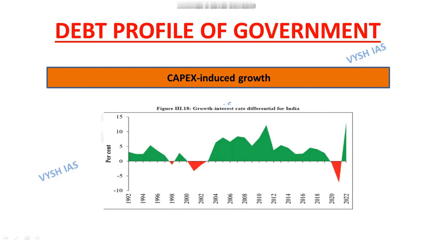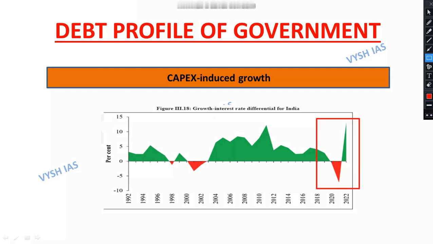So here we can see that the growth-interest differential is basically negative in 2021 and it becomes positive once again in 2022. So here you can see that from 2020 to the start of 2022, it is in the bottom part, which means red color. So it is in the negative zone, and once 2022 started, it is in the green part, which means that it again increased.